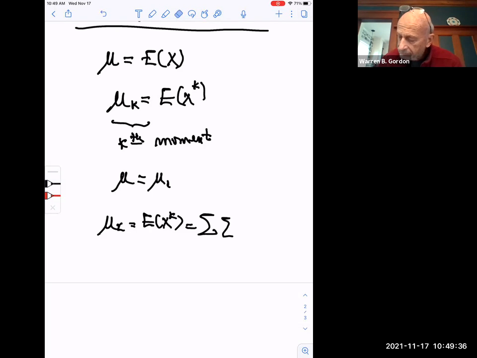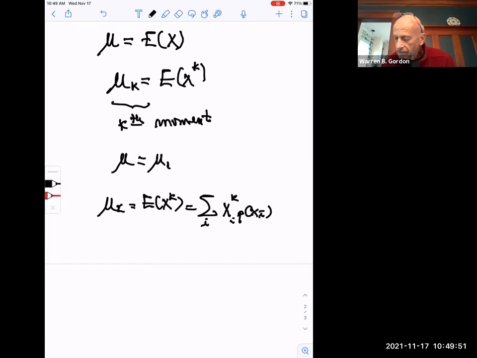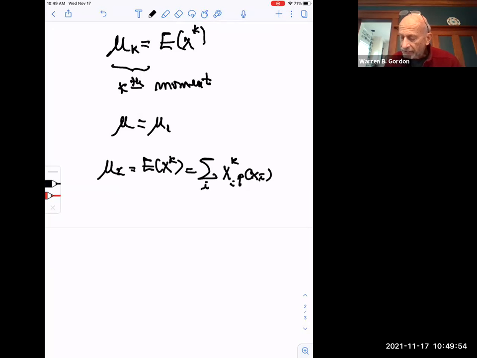And I'll illustrate this soon enough. Now, in a couple of examples, for example, we know how to find E of X squared. How do you find E of X squared? You just take the summation of x sub i squared times p of x sub i over all possible i values. And that's important because if you know E of X squared and you know E of X, you can find the variance.